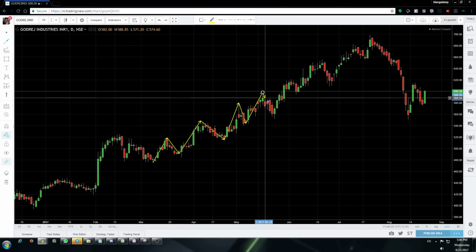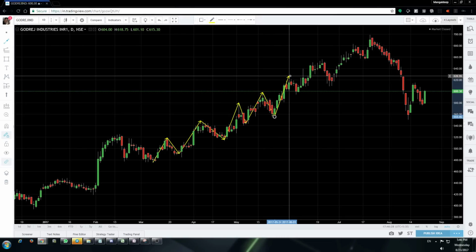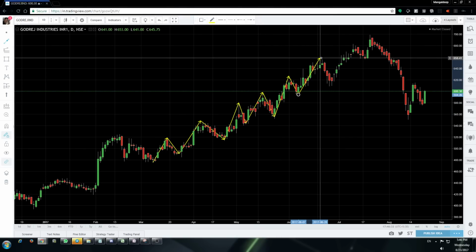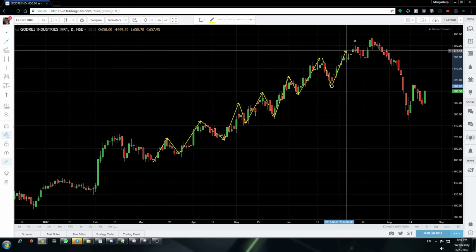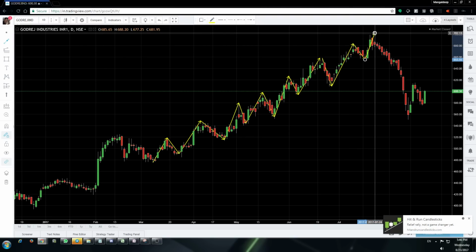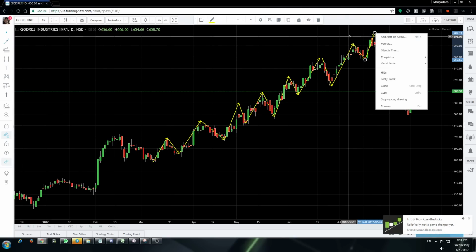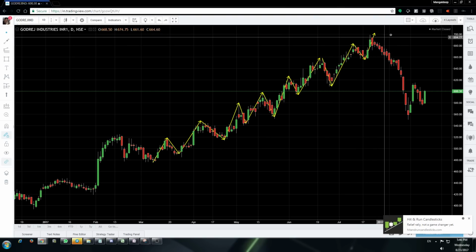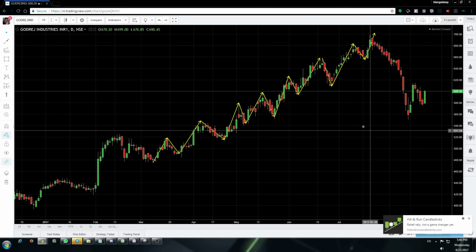Higher high, higher low, higher high, higher low, higher high again, higher low, and a higher high. So this is the higher high as of now, the recent swing high it is.